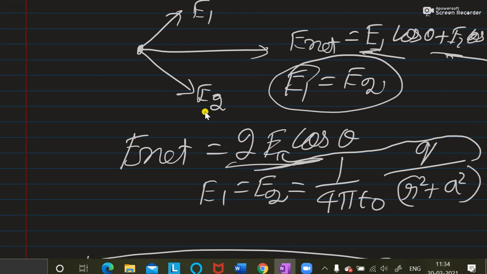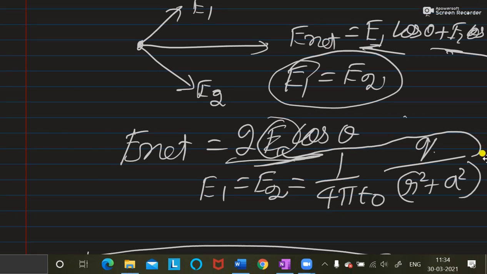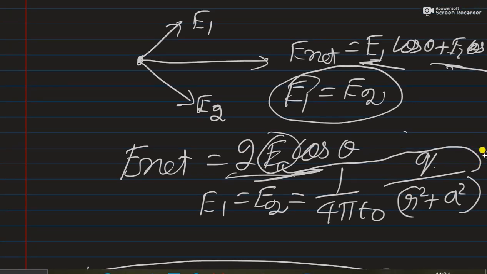We know already E is equal to 1 divided by 4 pi epsilon naught q divided by distance square.